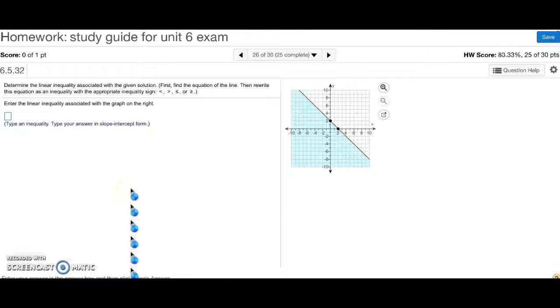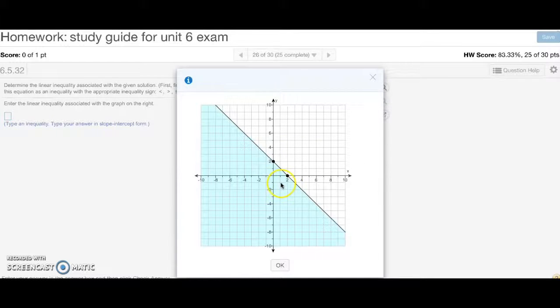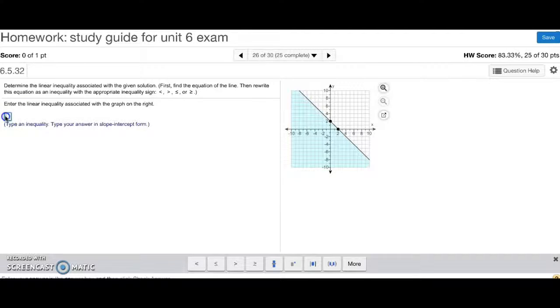Okay, 26. You're determining the linear inequality associated with this solution. So we're going backwards. So first thing I notice is that I have a solid line, so it will be equal to, and then I notice I'm shading below the line. So right away I know y is going to be less than or equal to whatever else is going on.